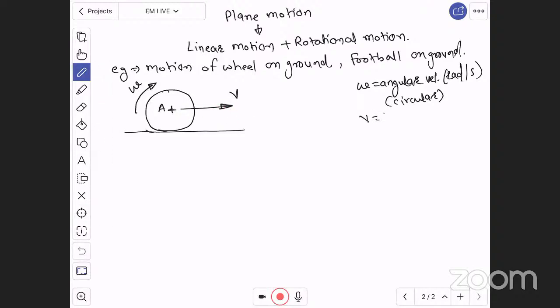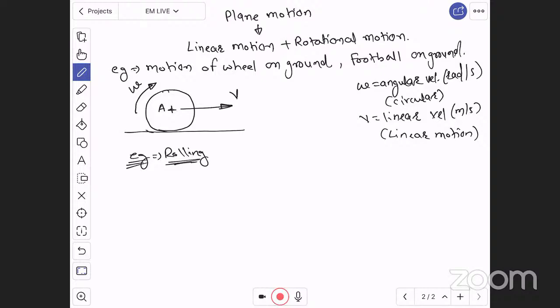V is linear velocity in meter per second. Therefore it will be having linear motion also, right? Such type of motion is called plane motion. Such type of motion is also called rolling motion. Plane motion is also considered as rolling motion, right?